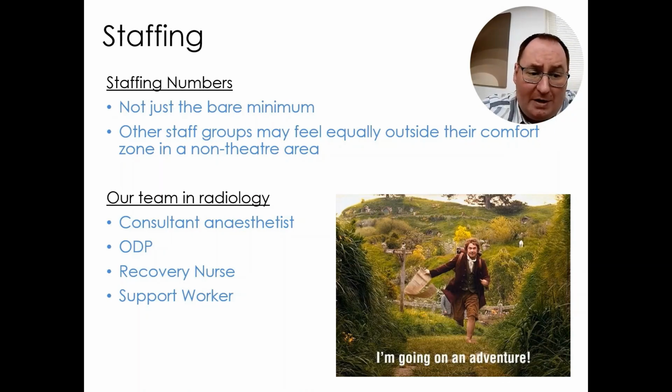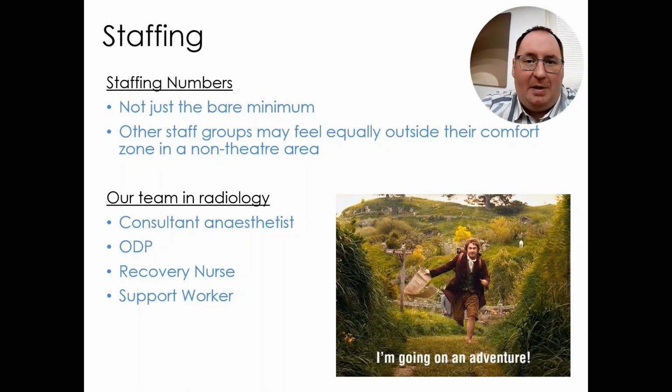So initially, when we started with our radiology service, we had a very small group of anaesthetists and ODPs who would work in that area. We asked our ODPs if anybody was interested in becoming a champion for radiology, and we had interest, and Linda, one of our ODPs, took that on board, and she's essentially become lead for this area.